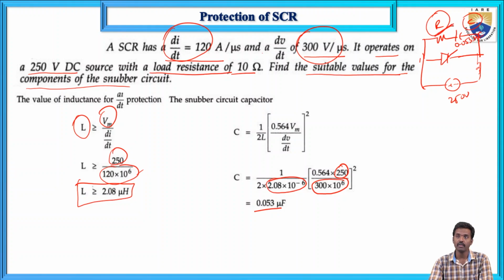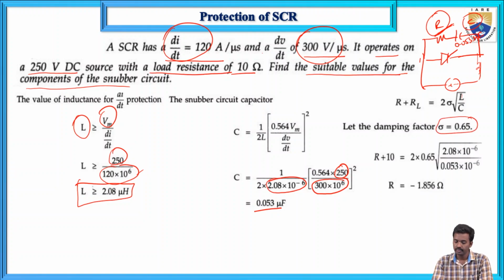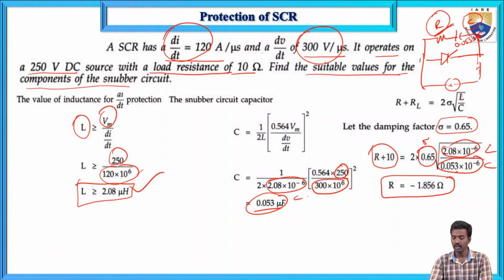Now what about the R value? R can be calculated using this formula: R plus 10 equals 2 into the damping factor sigma times the square root of L by C. The damping factor is always 0.65. The load resistance is already given, the L value and the C value are calculated, and the R value comes out as minus 1.856.